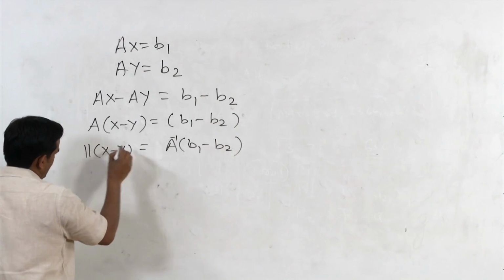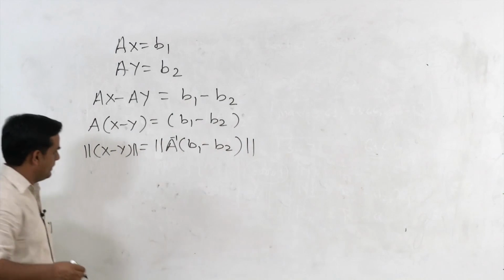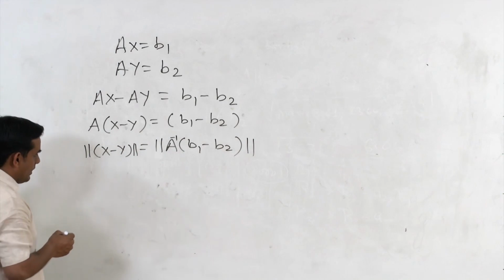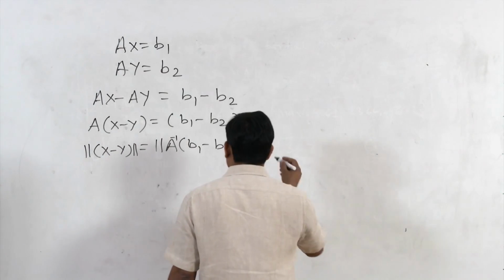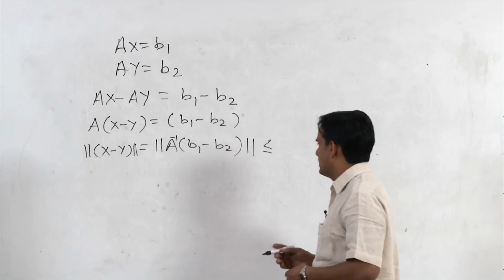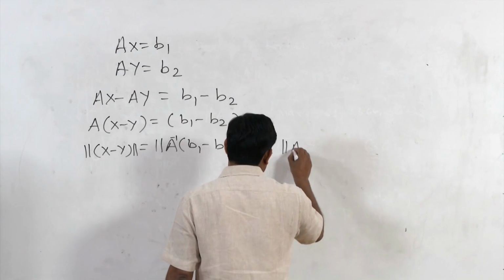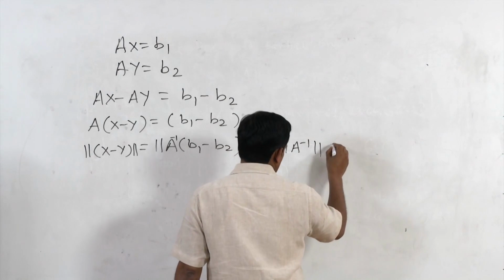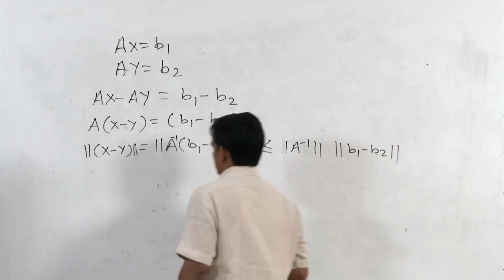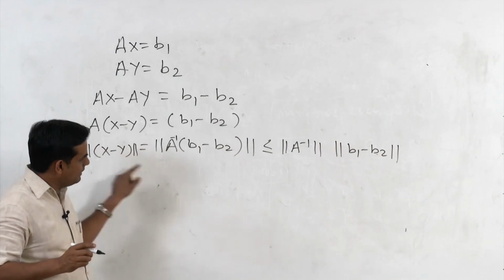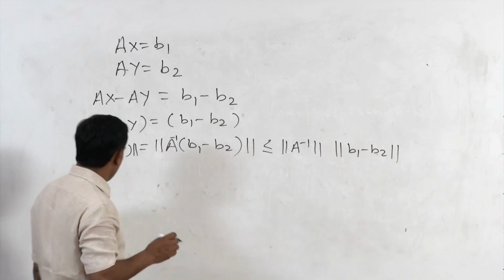Now, the norm of this vector equals the norm of this vector, and by the inequality, norm of AB is less than or equal to norm of A into norm of B. So, I can write norm of x minus y is less than or equal to norm of A inverse into norm of B1 minus B2.